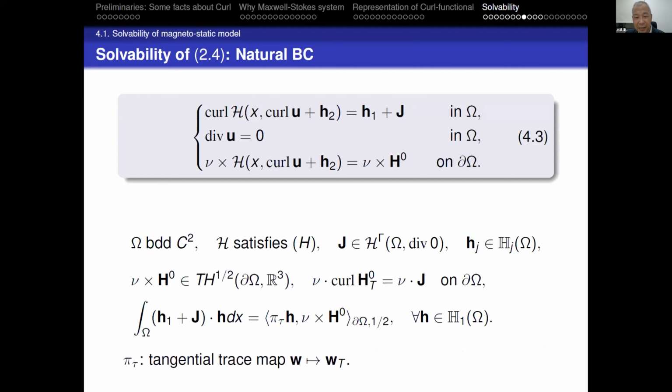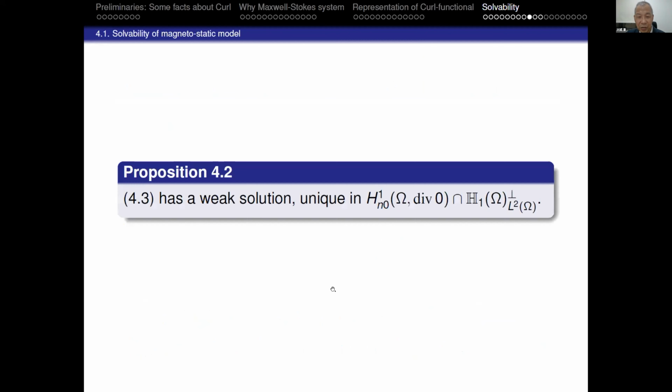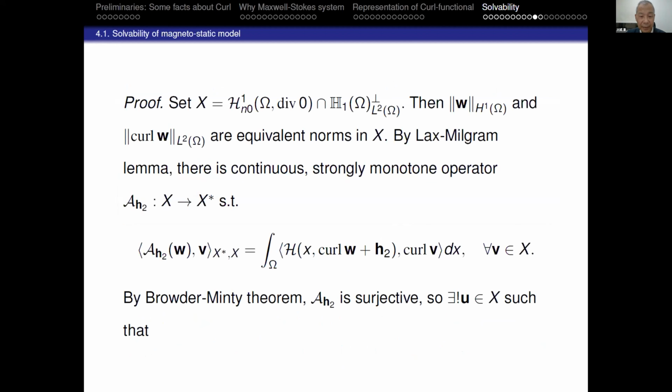And using a similar argument, you can also have a solution. And if you give more condition that the solution has 0 normal component going to H1, the solution is unique. And this can be done by using the monotone operator method.